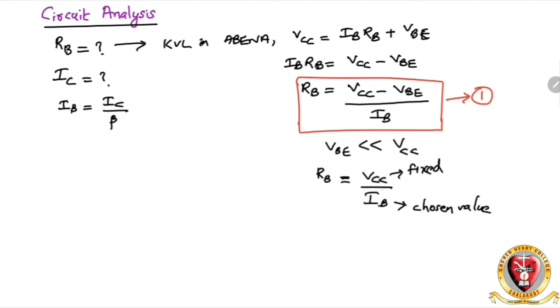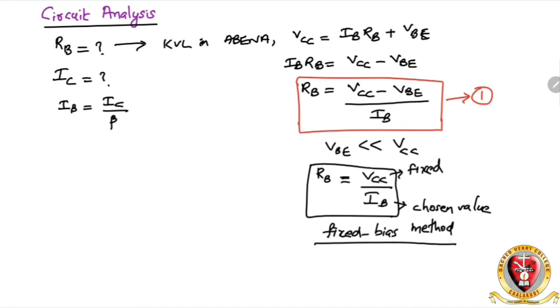But in this equation there is no VBE, and for a particular transistor beta is fixed. So we can say that RB is a constant. From the value of VCC and IB, we can find out the value of RB. Here the value of VCC is fixed and IB is a chosen value for our proper biasing. Hence, this method of transistor biasing is also known as the fixed bias method.